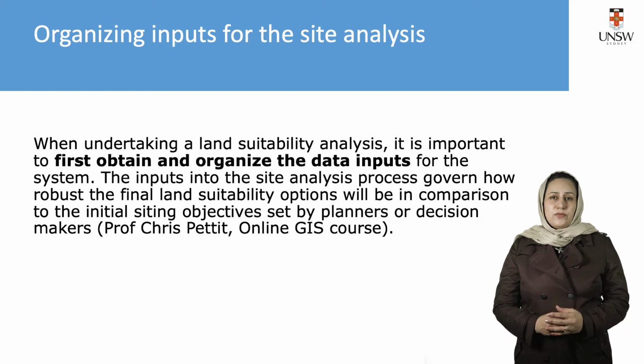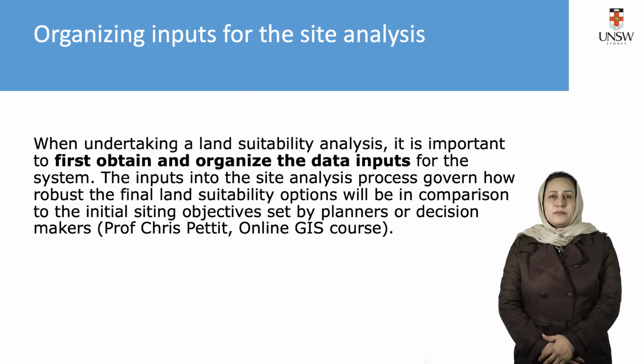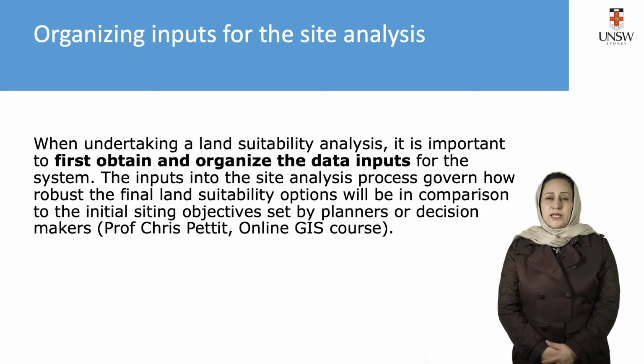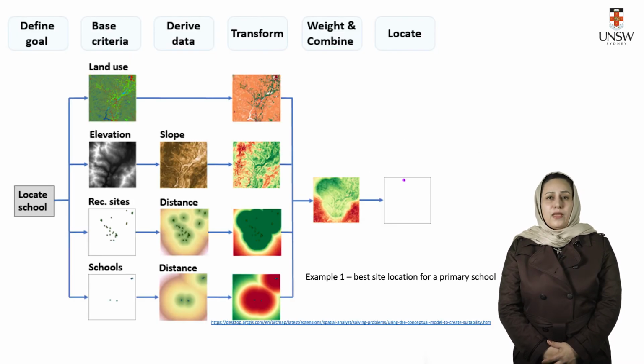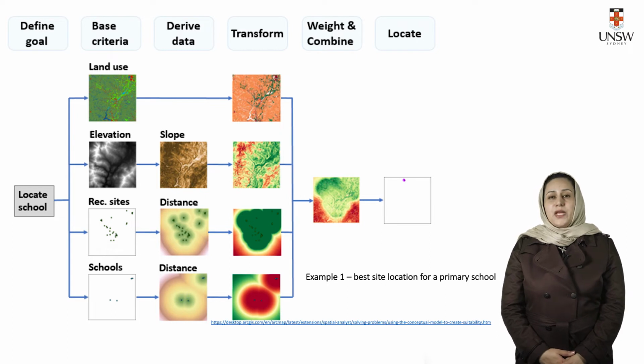Indeed, we need to define our criteria for finding the best location of the land uses. Then we need to prepare appropriate data sets for each criterion. For example, to find the best location for a primary school, defined criteria by a group of planners are to: first, consider the school far from the existing primary schools where there is a need for a new school.